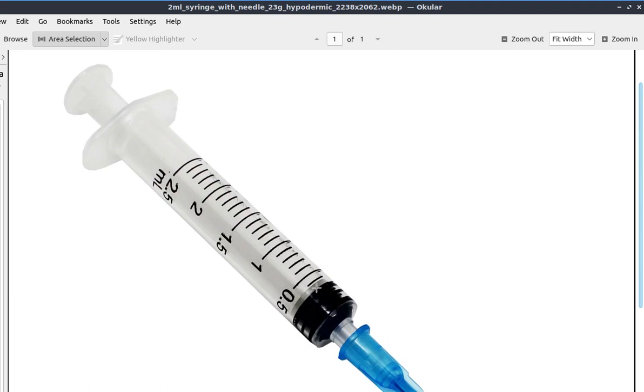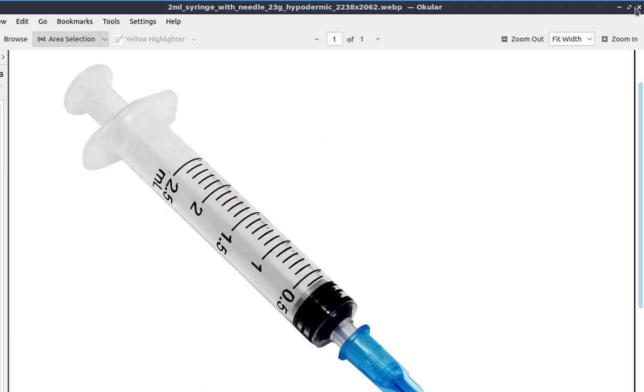So the amount of liquid in the syringe that displaces between here and here, you're looking at half a milliliter. Going all the way up, that's 1 milliliter, 2 milliliters, then 2.5 milliliters.